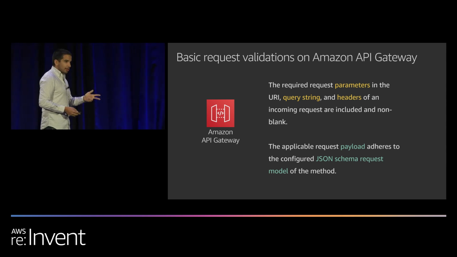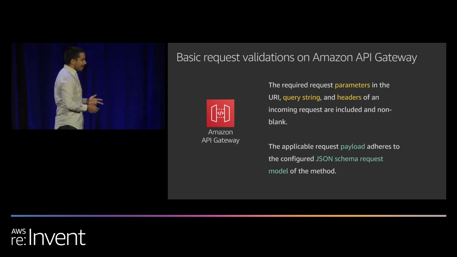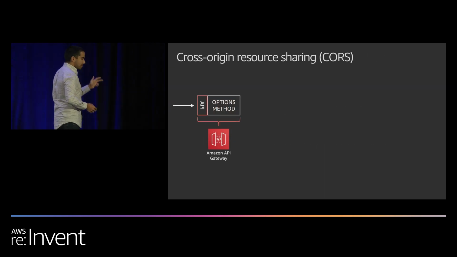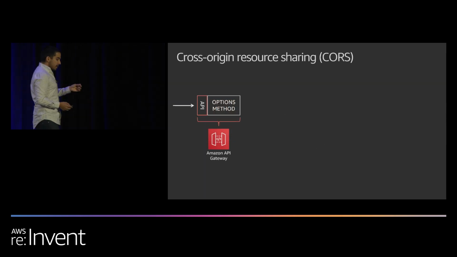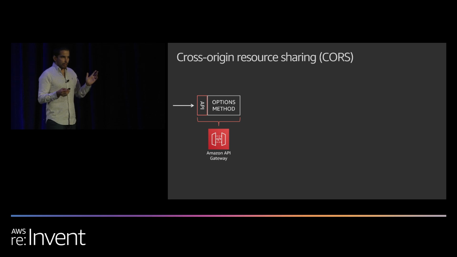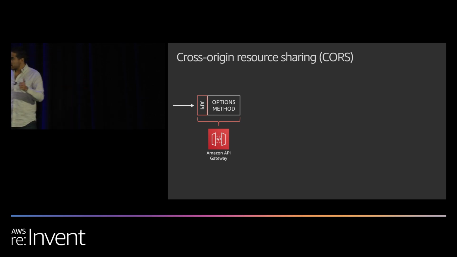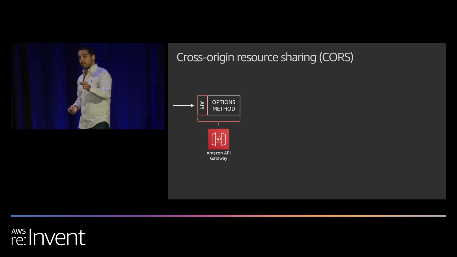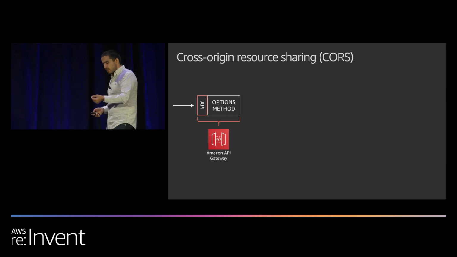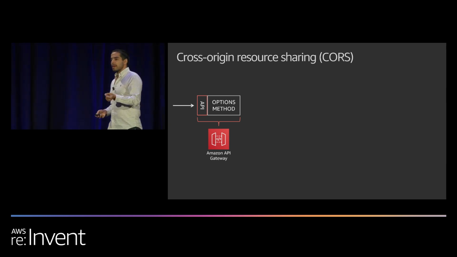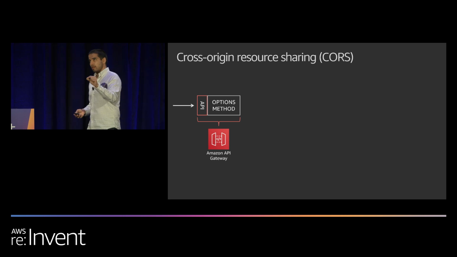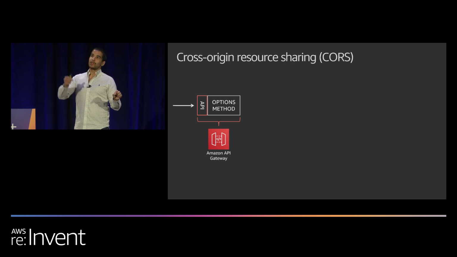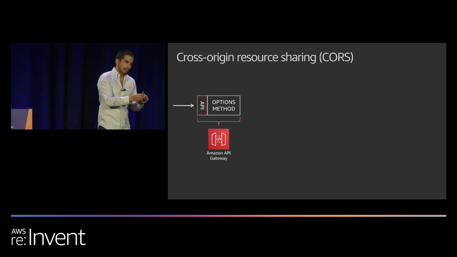A third thing you can do, and a third layer you can apply to your APIs, is to help you with CORS. Now, CORS is a standard that's been out there for at least a couple of decades. It stands for Cross-Origin Resource Sharing, and it's a security measure that you need to implement in some APIs to let browsers access them.